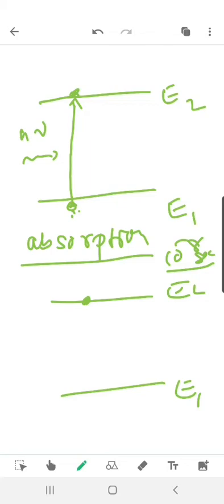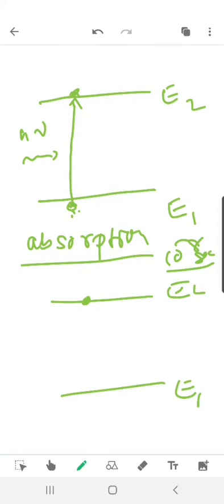Now this energy E2 state is not a stable state. Why is it not a stable state? Because the energy state E2 is at higher energy, and according to our energy hierarchy in nature, every object which is at higher energy level remains unstable, as compared to our object which is at our ground level.